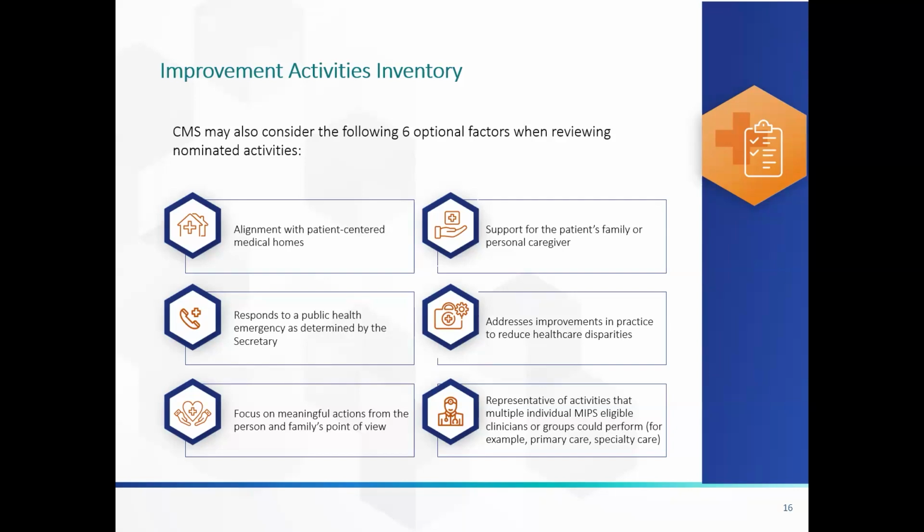Evidence supports that an activity has a high probability of contributing to improved beneficiary health outcomes. It can be linked to existing and related MIPS quality, performance, and promoting interoperability, and cost measures as applicable and feasible. And CMS can validate the activity. Next slide, please.